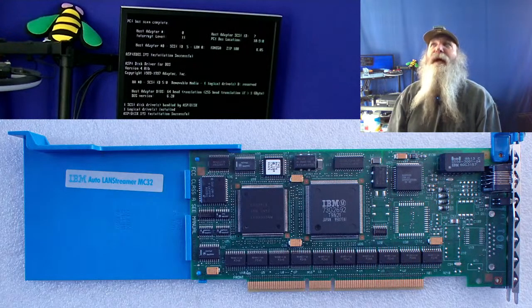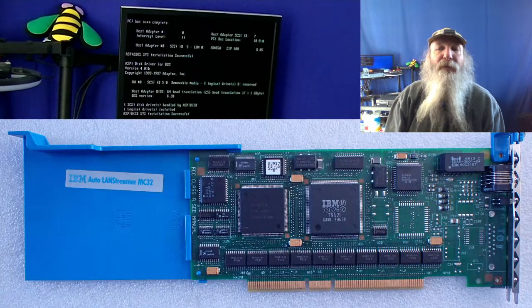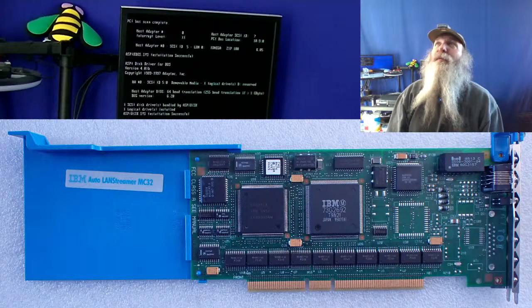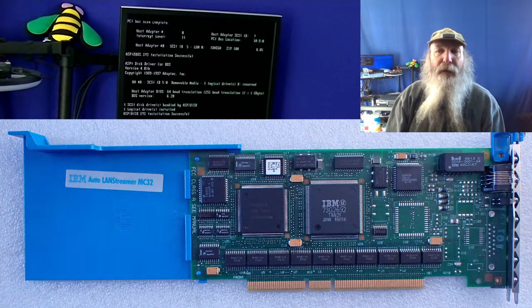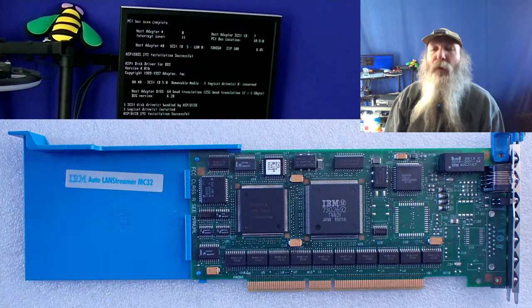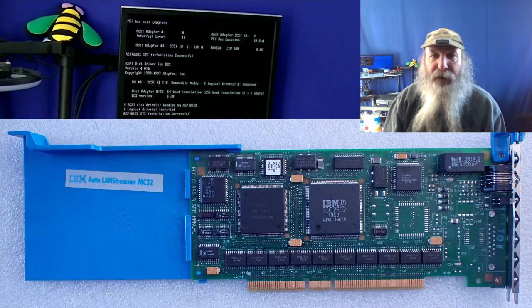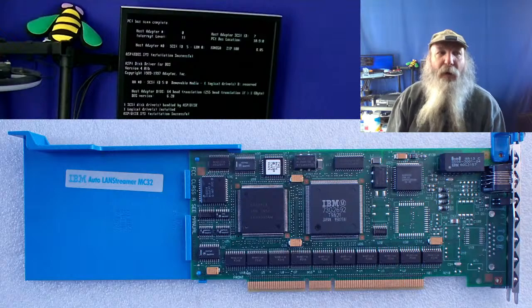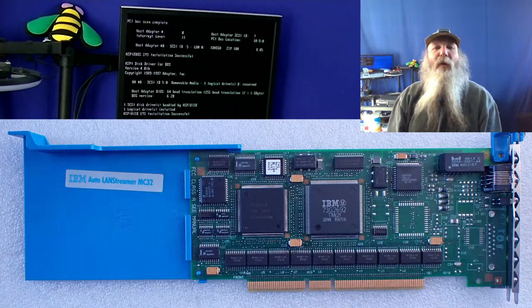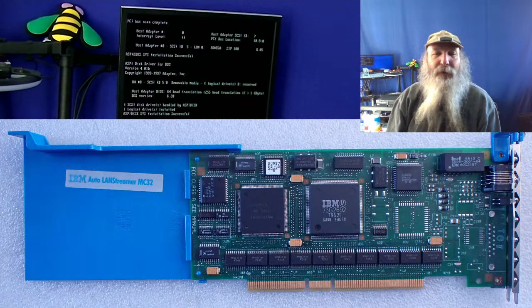And this even has the LEDs, but those LEDs are used for the token ring effectively as well. And those LEDs might be a little bit of an indication or an idea of what those solder pad components would do.